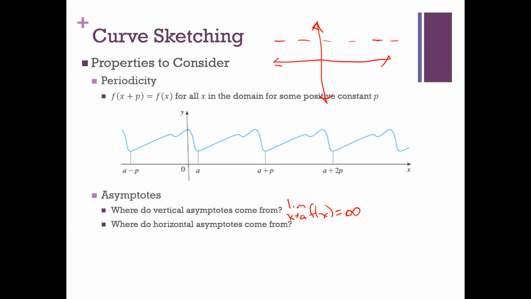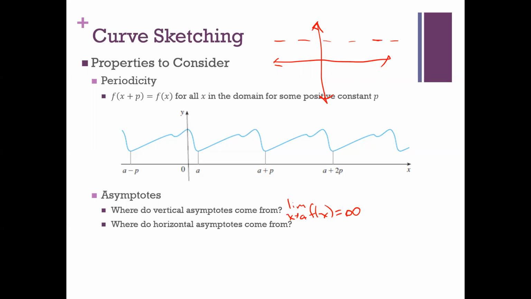Right. So let's focus on that, x approaching infinity. When you're looking for horizontal asymptotes on a graph, where on the graph are you going to be looking? Around the y-axis? Does that make sense?